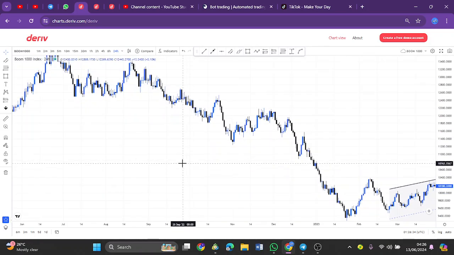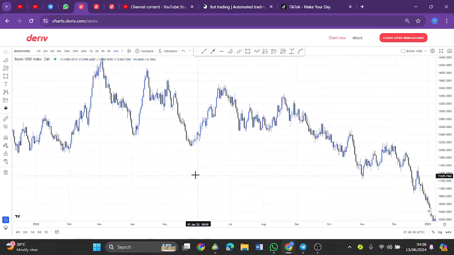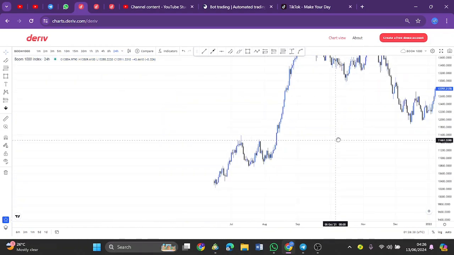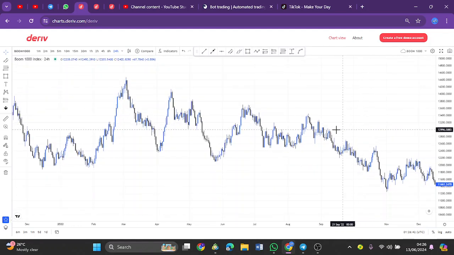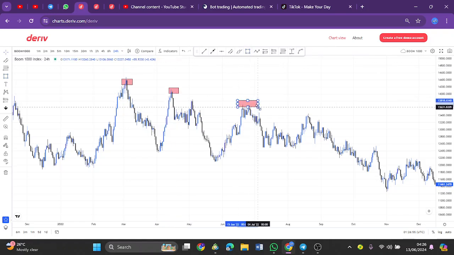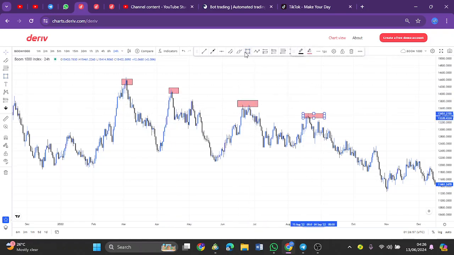So now let's do the downtrend. I'm just doing a random one to show you guys how you identify this. So for example, these are clearly a downtrend. That is the first thing. The second thing, now you draw your valid zones. These are your valid zones.